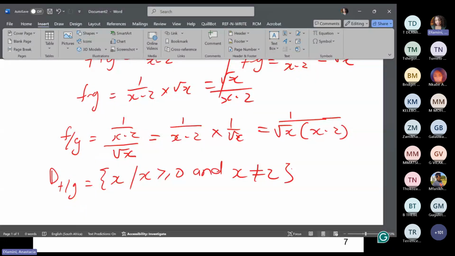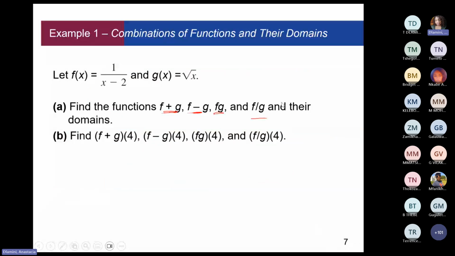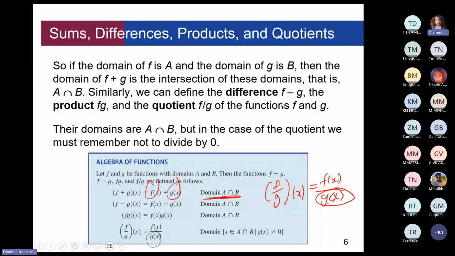In this case, for which g of x will be equals to 0, what will be that value? Because in our notes, it says that f of x divided by g of x has the same domain as everything above, except for when g of x is equals to 0. In this case, our g of x is the square root of x, isn't it? Yes, ma'am. So what is that value that will make the square root of x equals to 0?